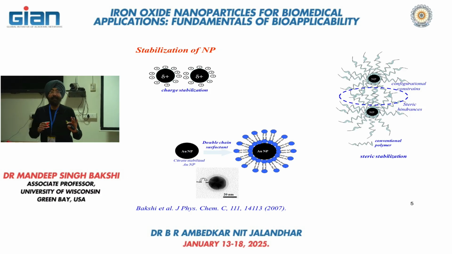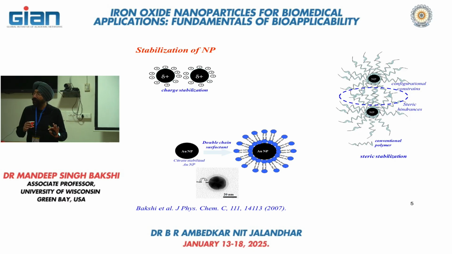You might have heard about the electrical double layer in electrochemistry. An electrical double layer is established on the surface of a particle when it is suspended in a liquid medium. That could be, usually it is aqueous phase. That makes more sense in comparison to non-aqueous or polar solvents.